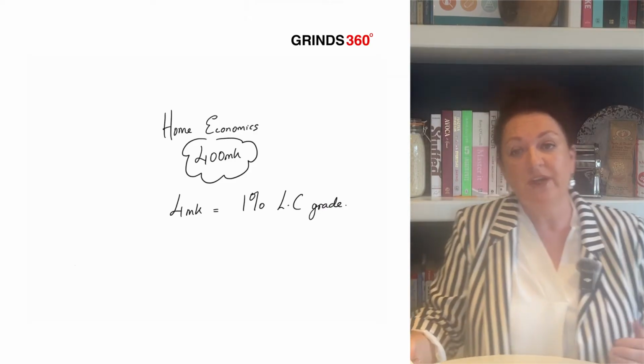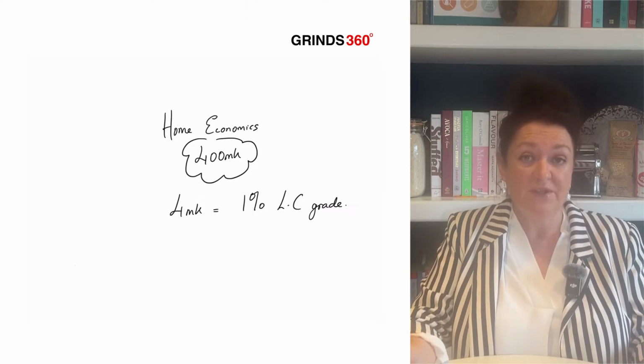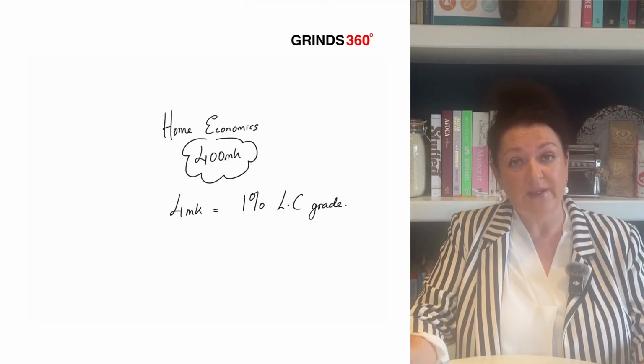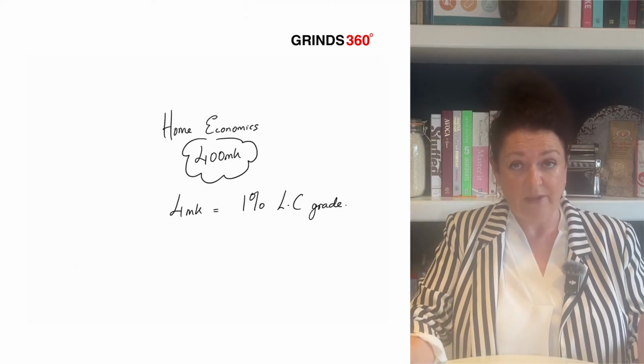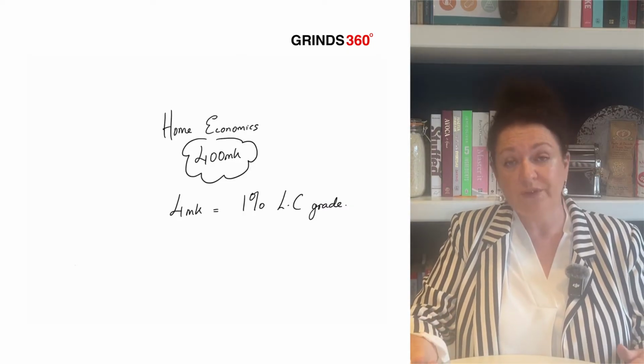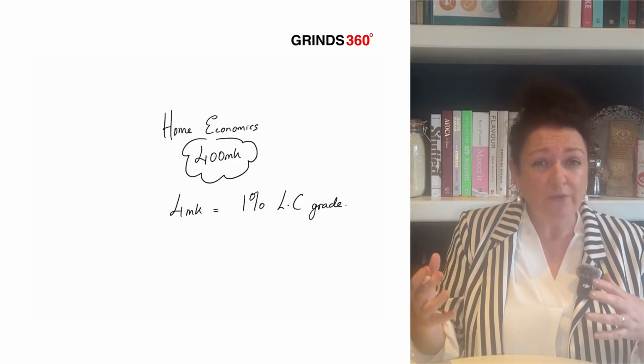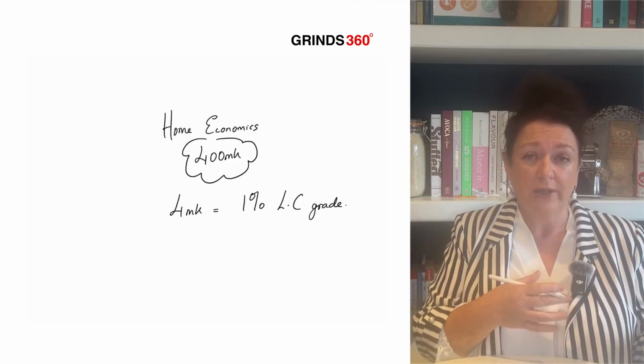This is going to be of key importance because one of the most common mistakes that students make in the exam is not writing enough detail. I don't want any student who's done this course to be coming out next June wondering, have I written enough? Have I written too little?